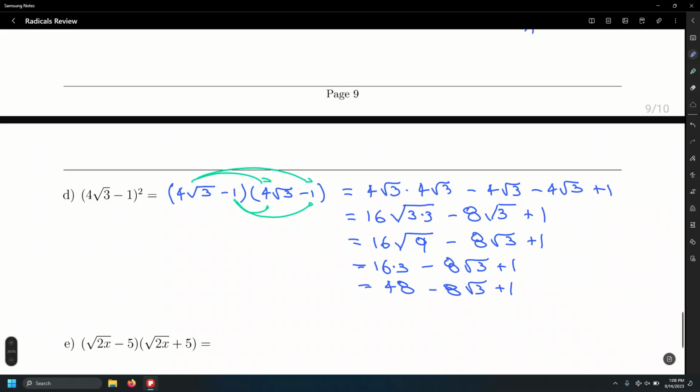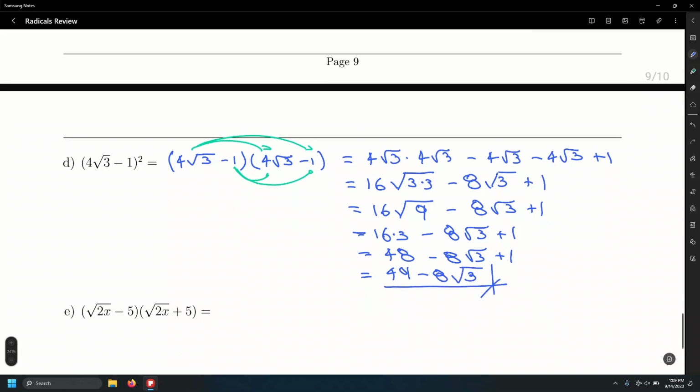And while there's only one radical term in here, all we do is just combine the integers 48 plus 1, and then from there subtract the radical term. That will give us 49 minus 8 root of 3. And that's our final answer. All right?